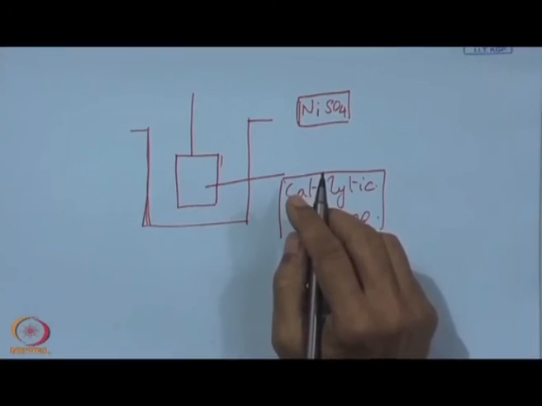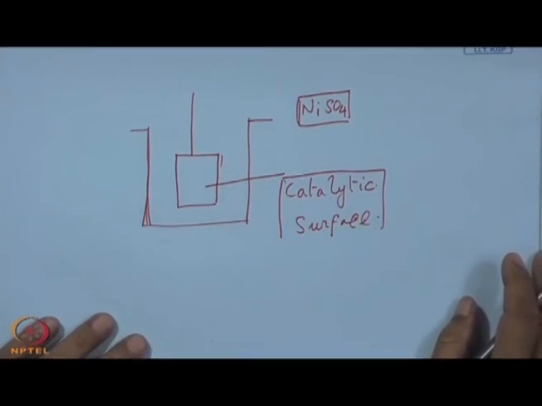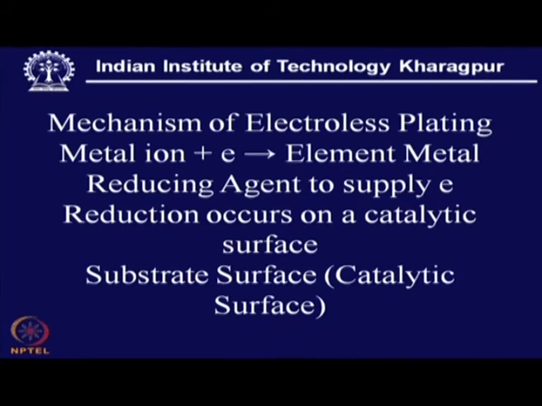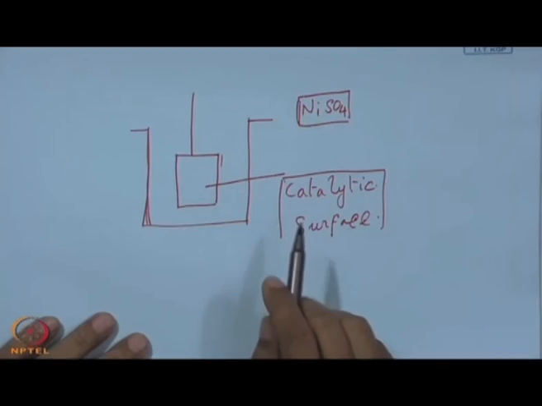So, here what we find, in the mechanism of electro-less plating, we have generation of metal ions, and this metal ion will be neutralized by electrons, and who will supply this electron?